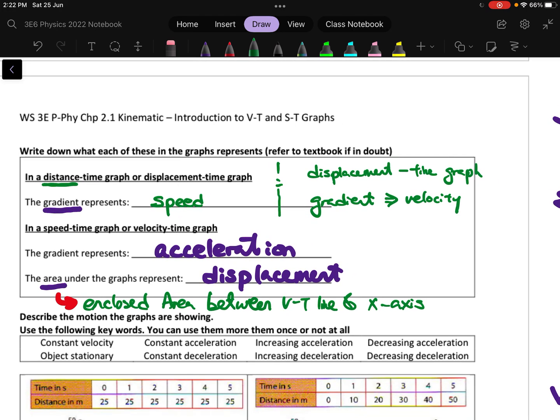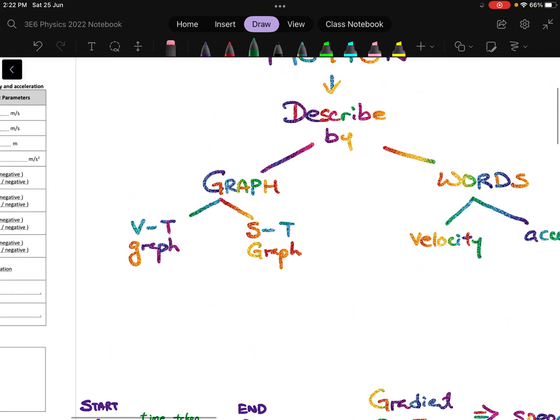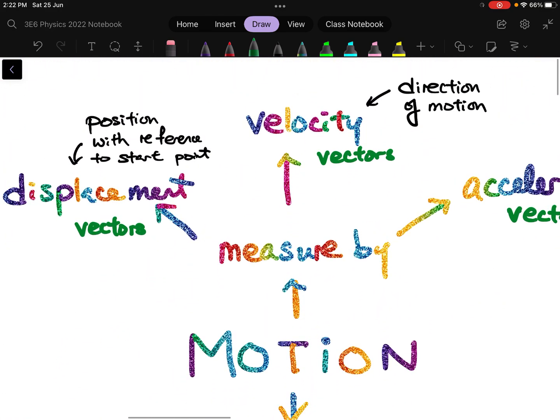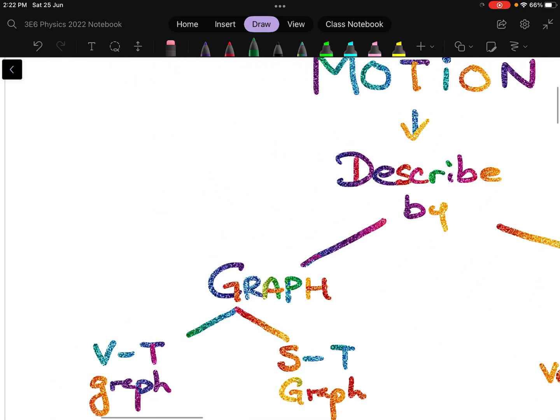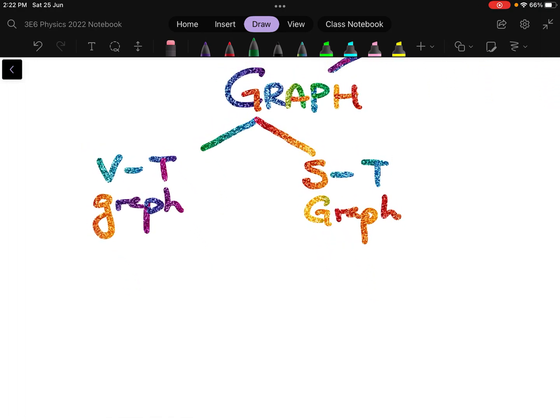Okay, so what we have learned today in this video is that in motion, we can of course measure by these three parameters, but we can also describe motion using graphs: the VT graph and the displacement time graph. From these graphs, we can obtain several pieces of information, right?